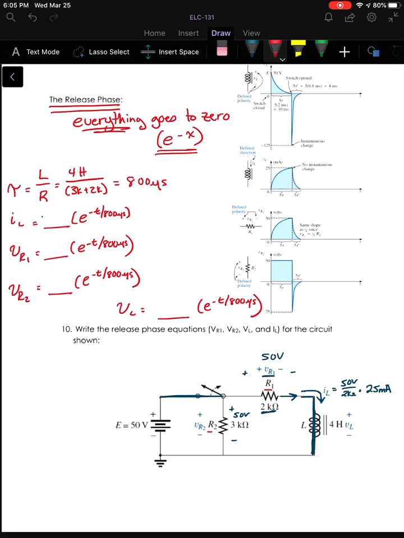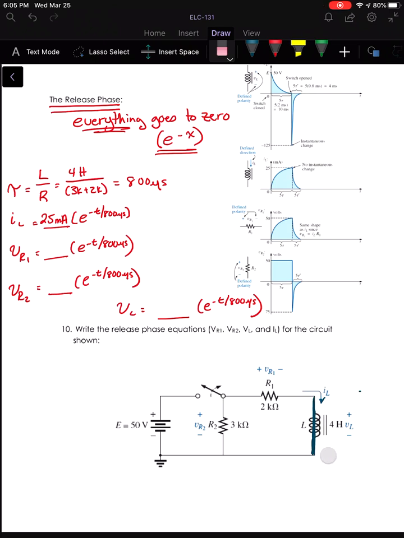So we've got 25 milliamps here through the inductor. Now, when we go into the release phase, the most important thing to know is that the current right before we open that switch was 25 milliamps.